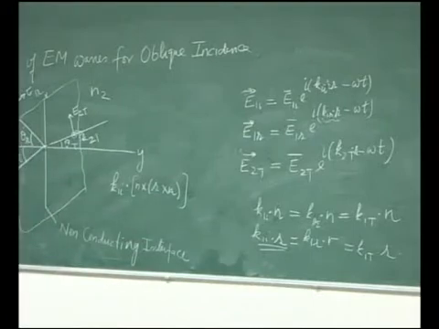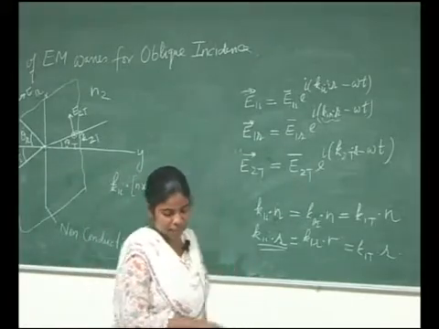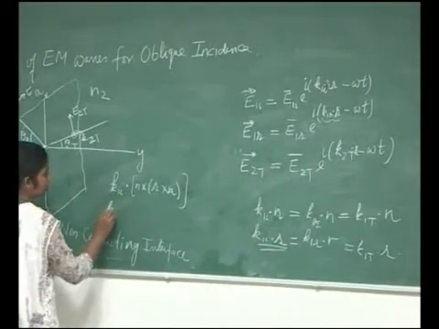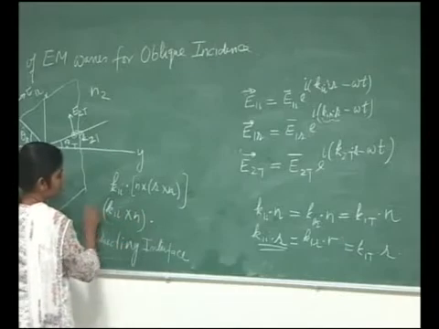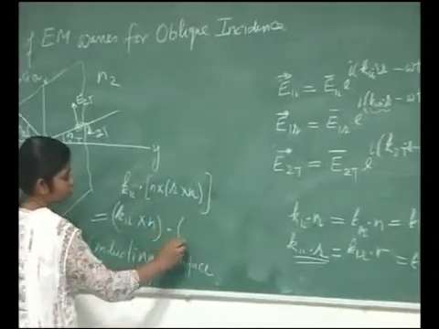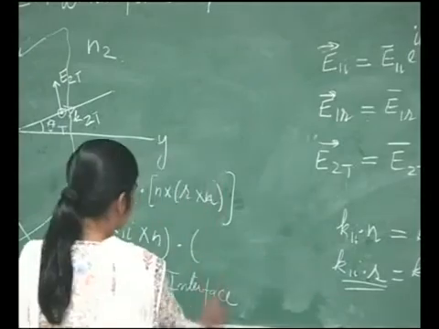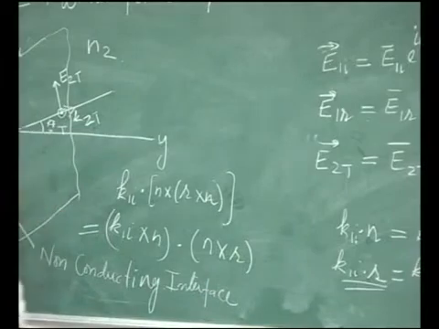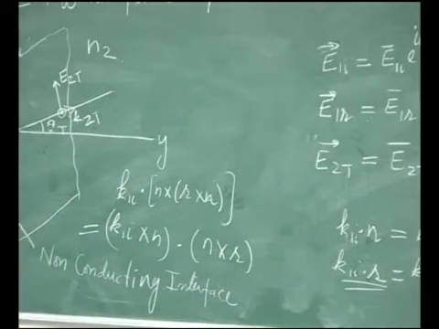I can absorb the minus sign. So from here, by the algebraic identity, I get k1i cross n into n cross r.